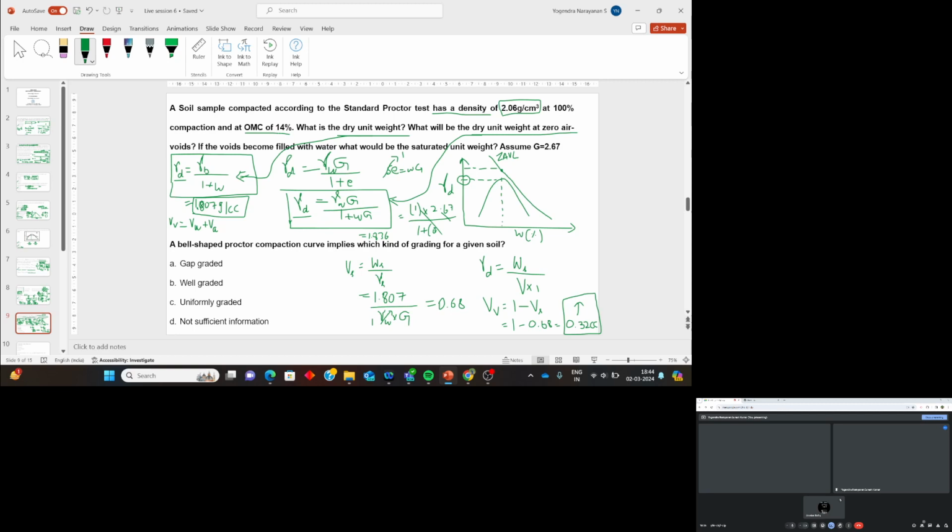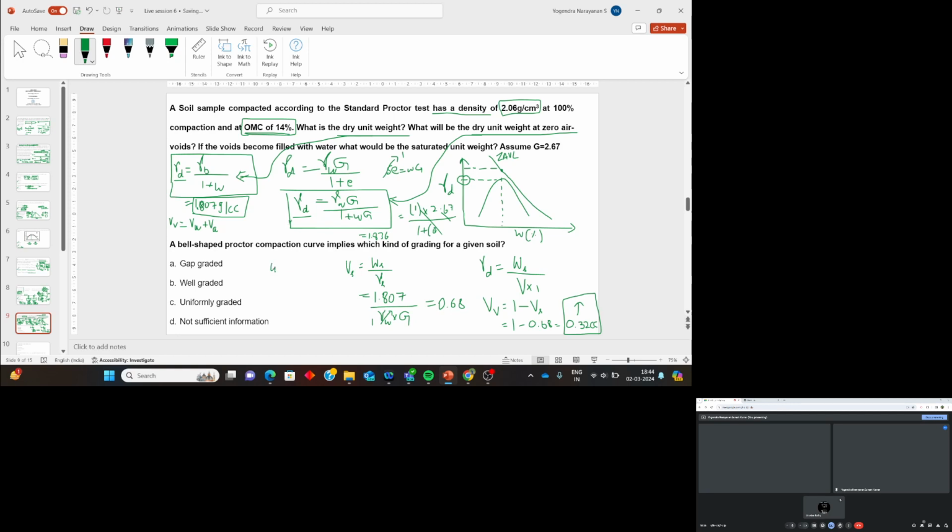You have 0.32 cc void space, and already some water is there, 14% water.